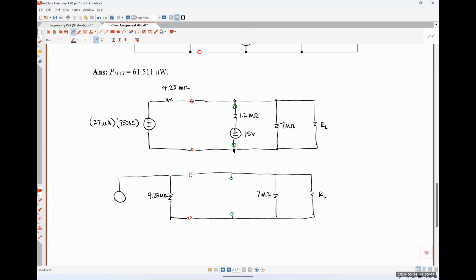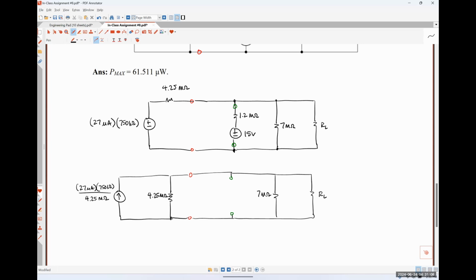And then way over here on the left, I'm going to have a current source whose value, again, doing this the lazy way, is 27 microamps times 750 kiloohms divided by 4.25 megaohms.